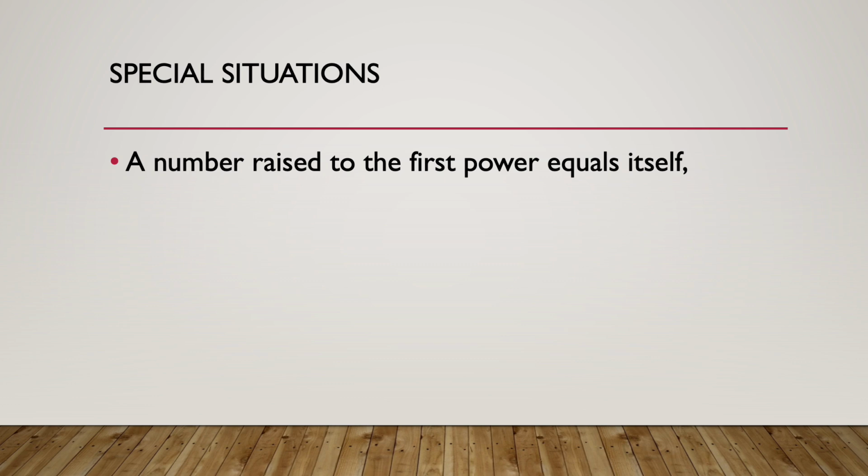When you get a number with the first power, any kind of number, it may be like 1,000, it may be like 100,000, whatever number is raised to its first power, the answer is always itself. So let's go to the example.